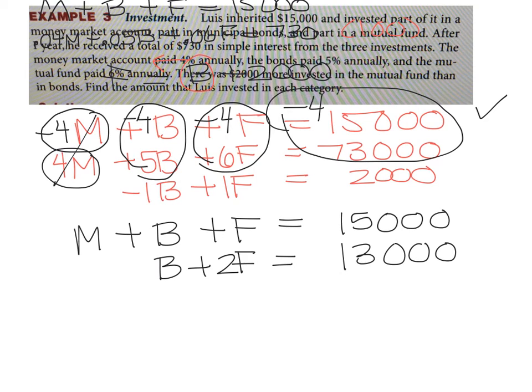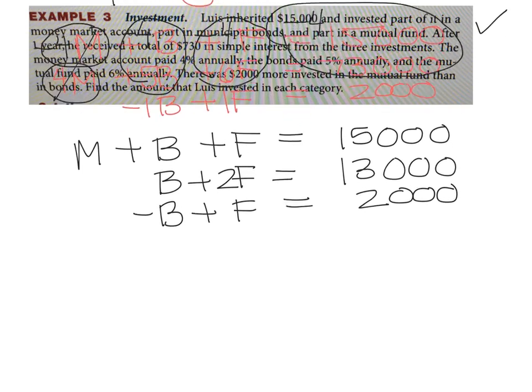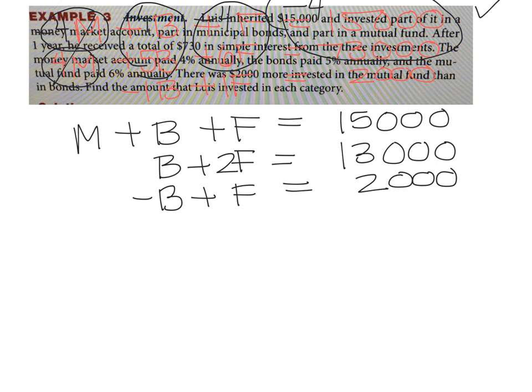And then I'm going to just copy row 3. I have negative 1b and positive 1f equal to 2,000. Now, if I'm following Gaussian elimination, I have row 1 complete and I have row 2 complete. So I'm just going to recopy those in my next line.